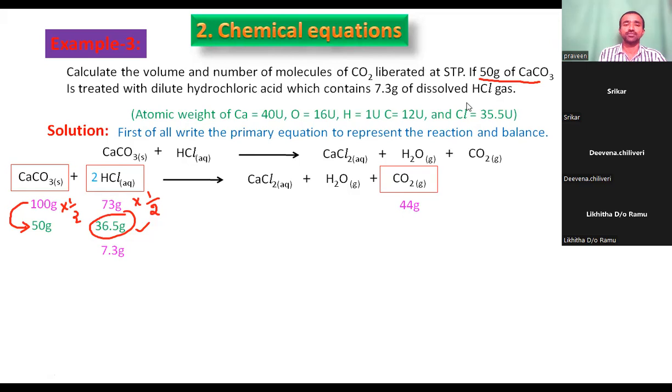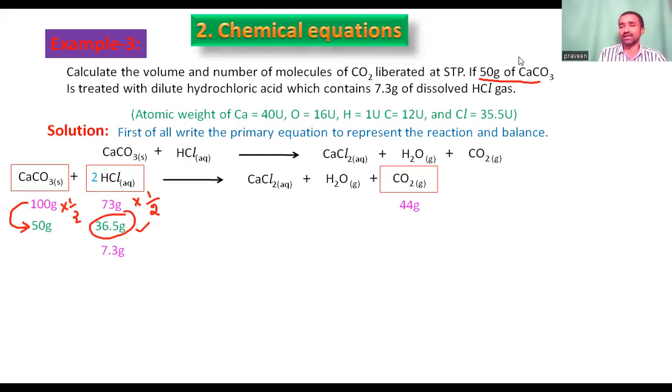No. So here what to do? We have to observe which is available less in quantity. Of both calcium carbonate and HCl, which is available less than the required quantity. Actually, the required quantity is 36.5 grams, but the given quantity is 7.3 grams.